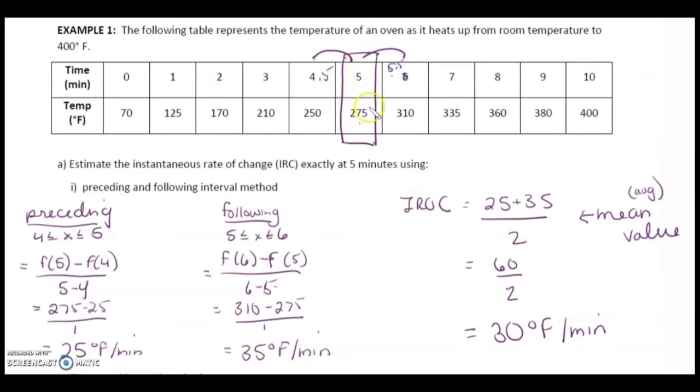But for this case, we have 4 and 6, so we're going to use minus 1 and plus 1. In this case, h equals 1, and we did a plus h and a minus h.